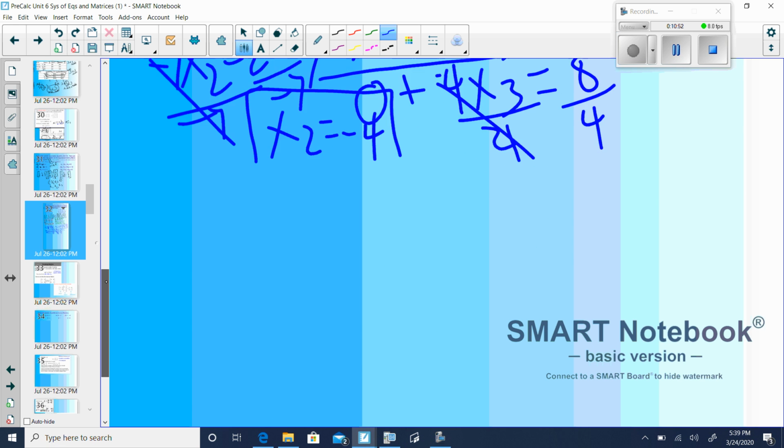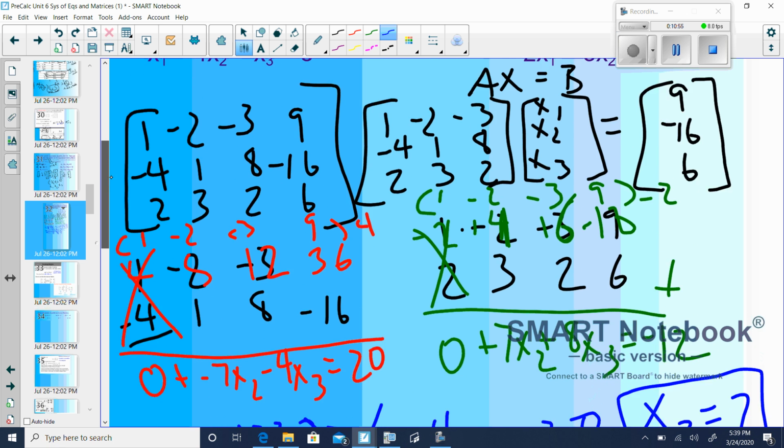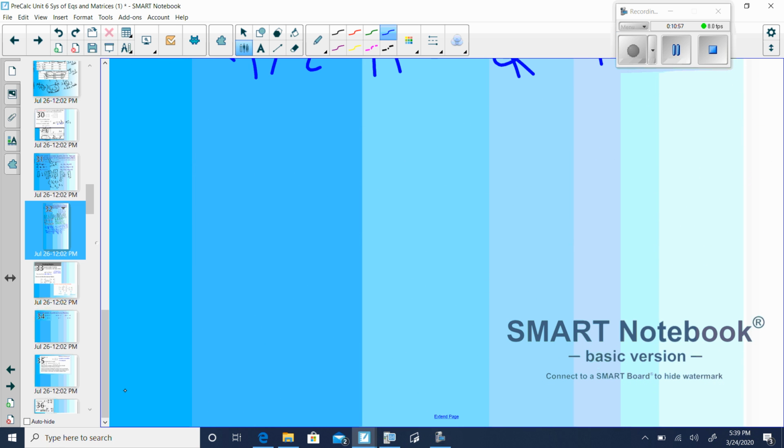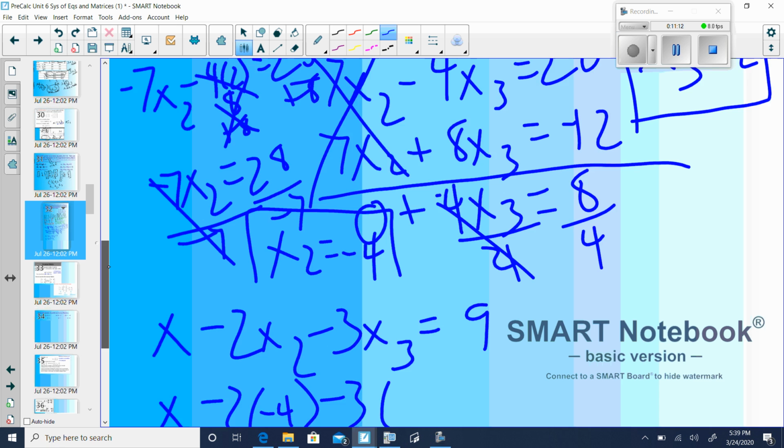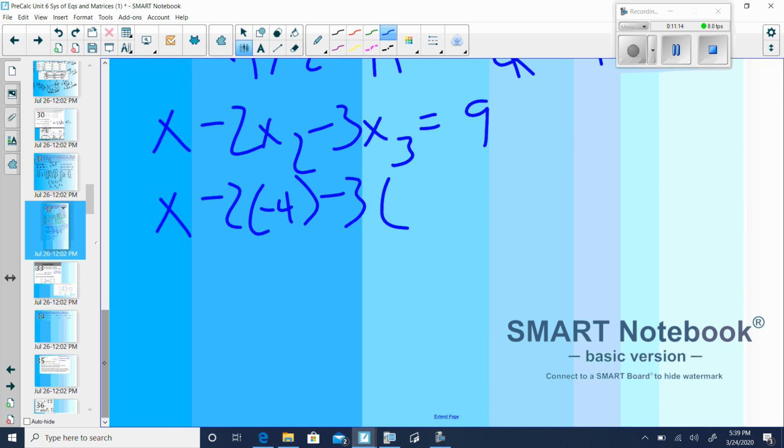So let's come back up here and let's go into this first one. So we have 1, negative 2, negative 3, 9. So x sub 2, we said was negative 4. And we said that x sub 3 was positive 2.